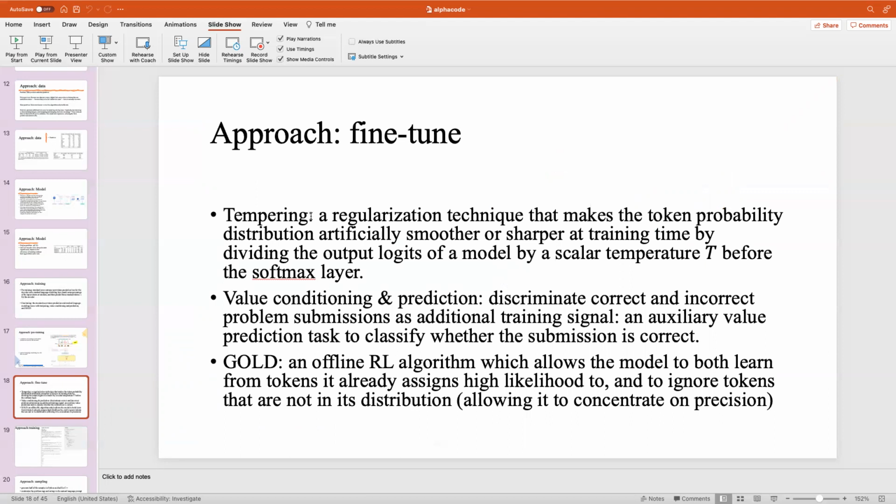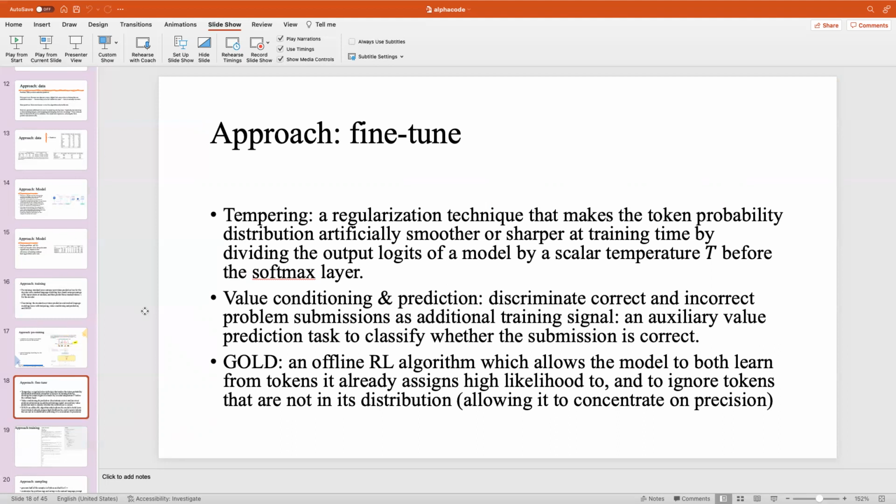The model used tempering, which is a regularization technique that makes the token probability distribution smoother or sharper at training time by dividing the output logits of a model by a scalar temperature T before the softmax layer. It's very simple but effective. It forces the distribution to be smoother or sharper, and it sometimes gets better results.